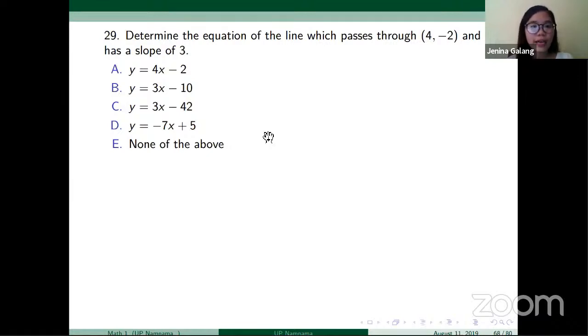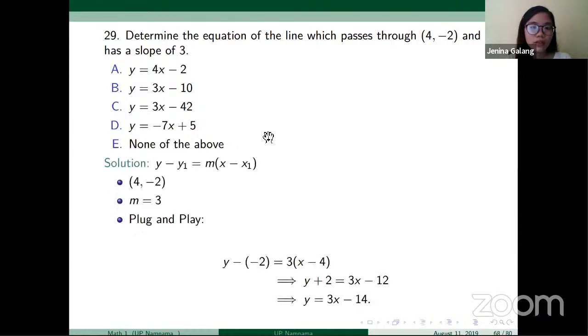And number 29, determine the equation of the line which passes through 4 and negative 2 and has a slope of 3. So, gagamitin natin yung point slope form. So, this form, y minus y1 equals m times x minus x1. So, yung point natin is 4 and negative 2.